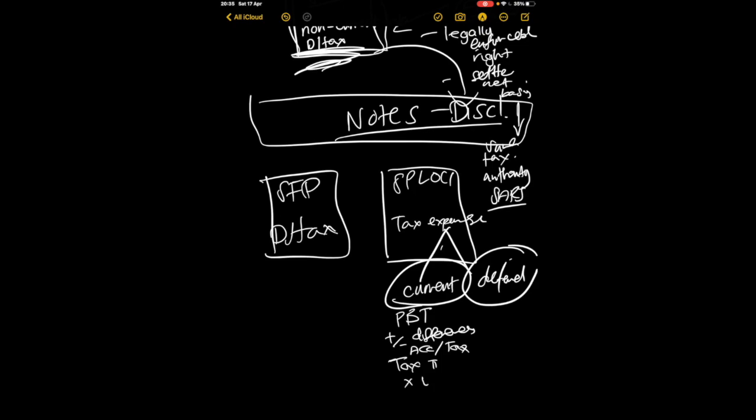We multiply that by the tax rate, and that gives us our current tax. Our deferred tax would be the movement in the balance on the statement of financial position. So that is where we see deferred tax.